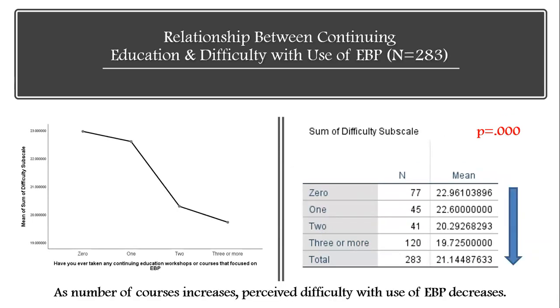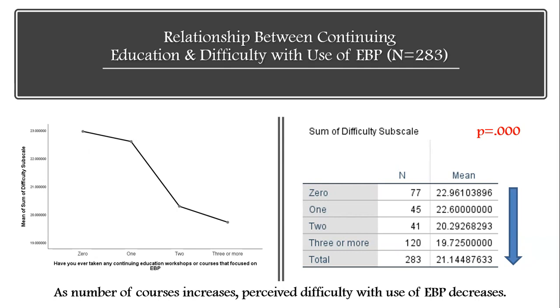And then the second thing that we looked at is continuing education. So post-masters, what is the relationship between continuing education, or those courses that folks have taken post their master's degree, and difficulty with use of EBP? And so we found a similar relationship, because in the first question, we looked at courses taken as a student. And then now in this question, we're looking at courses taken post-masters, okay?